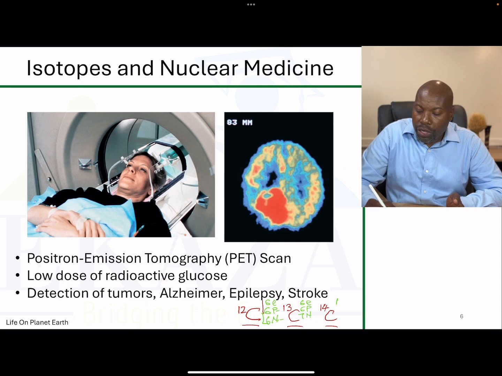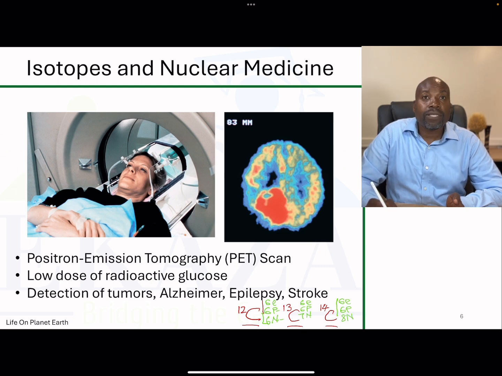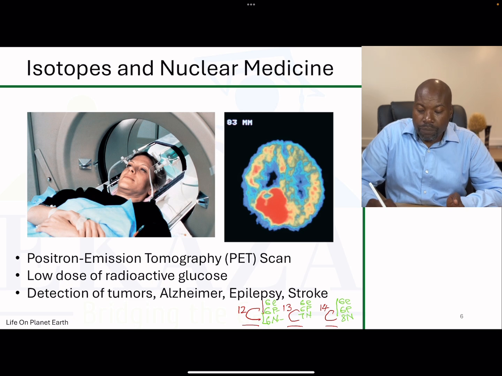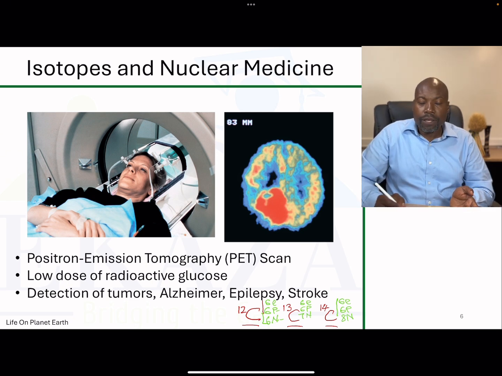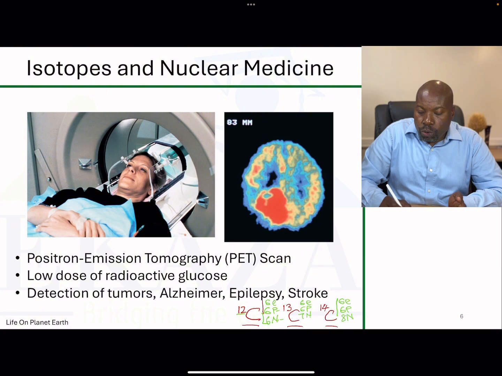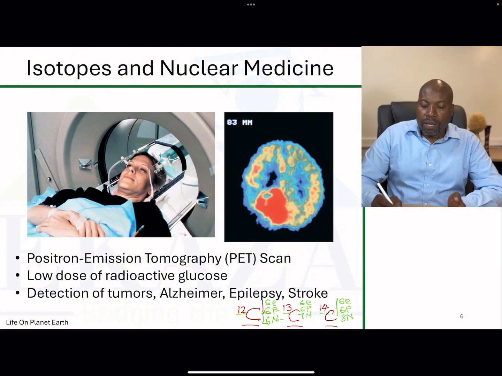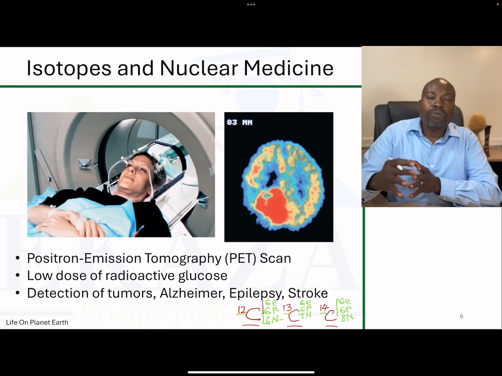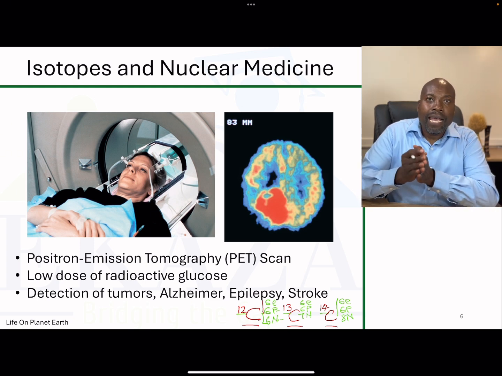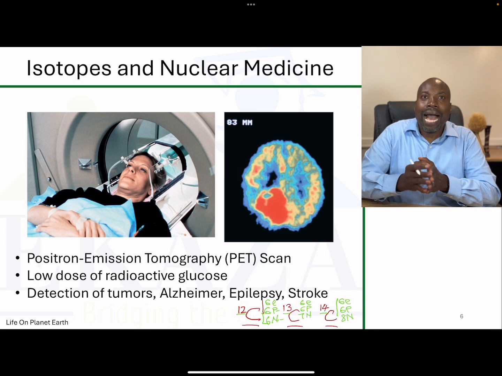By the same token, for carbon 14, we have 6 electrons, 6 protons, but 8 neutrons. 6 plus 8, that's 14. That explains why we have carbon 12, carbon 13, and carbon 14. These 3 forms of the same element are called isotopes.